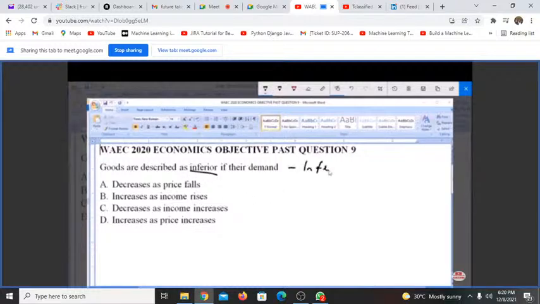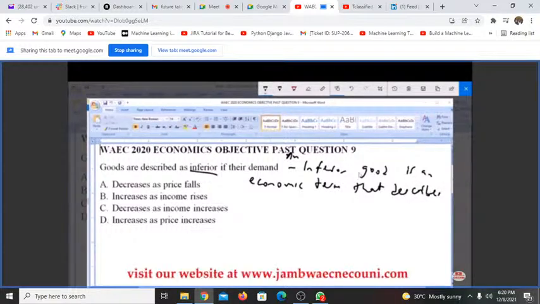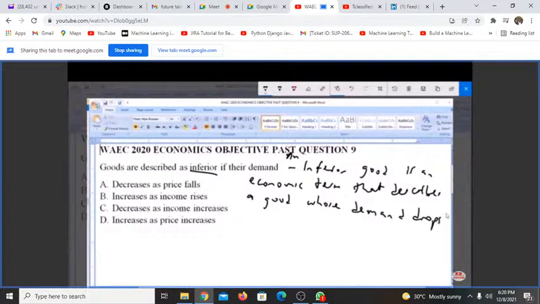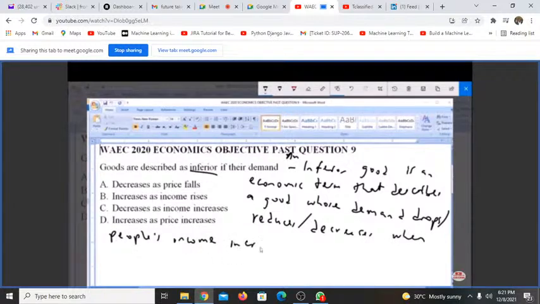And an inferior good is an economic term that describes a good whose demand drops or reduces or decreases when people's income increases.